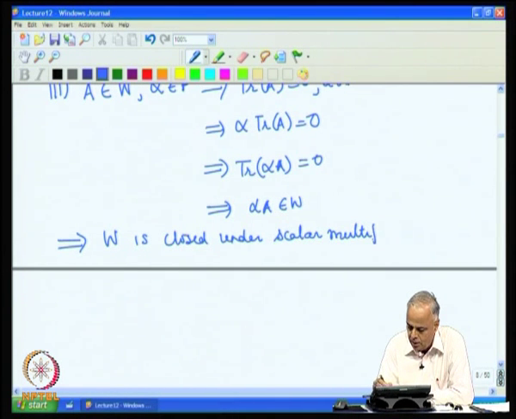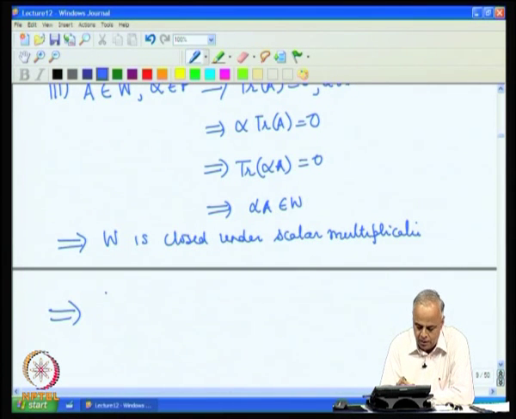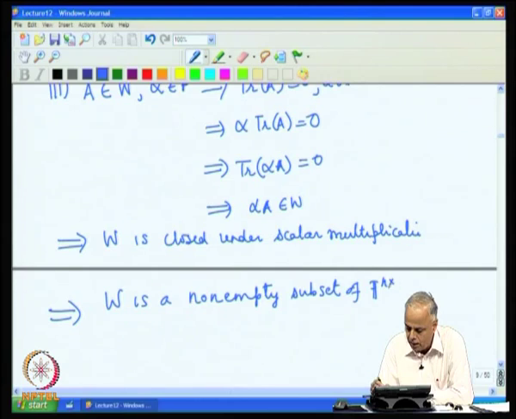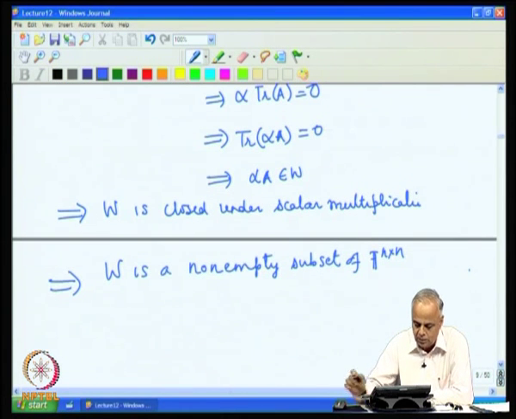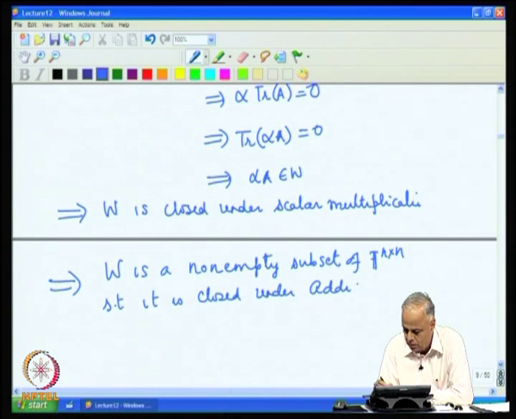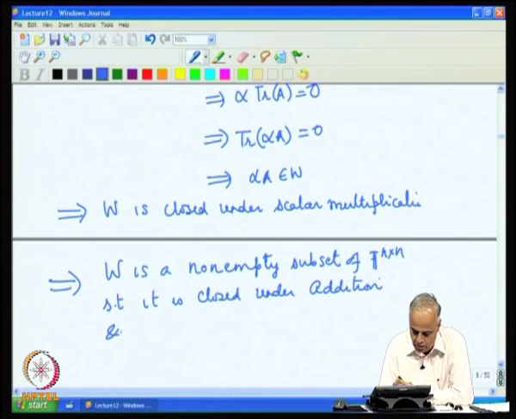Thus, we have seen that all these imply W is non-empty, that is the first requirement, it is a subset of F n cross n, the set of all n by n matrices, such that it is closed under addition and scalar multiplication.